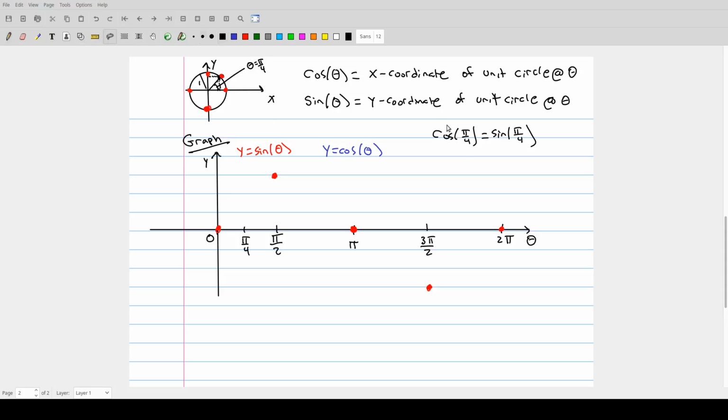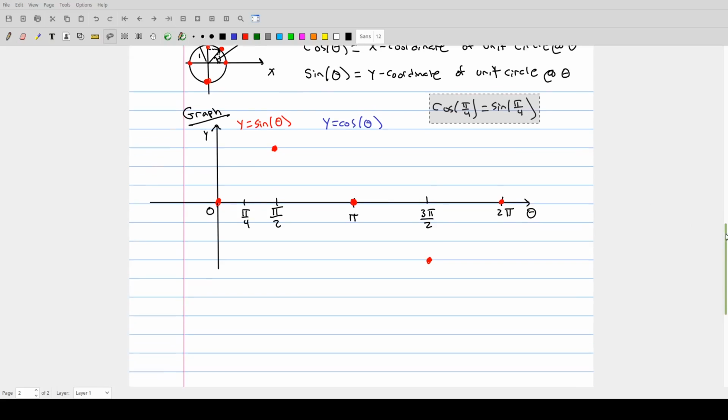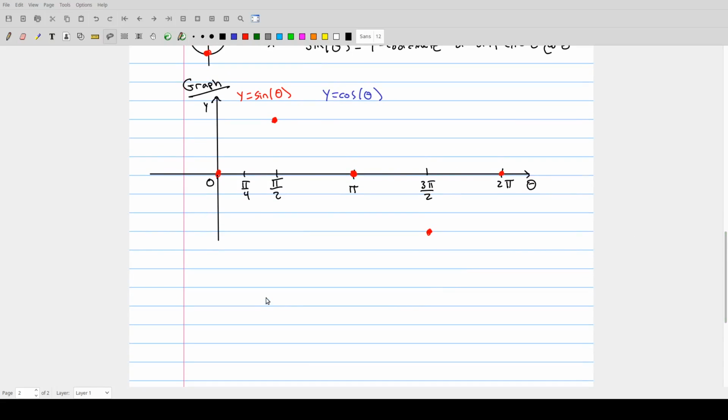And from our fundamental trigonometric identity, we kind of bring this down here. If cosine of pi over 4 is equal to sine of pi over 4, from our fundamental trigonometric identity, that gives us that cosine of pi over 4 squared plus sine of pi over 4 squared has to be equal to 1.